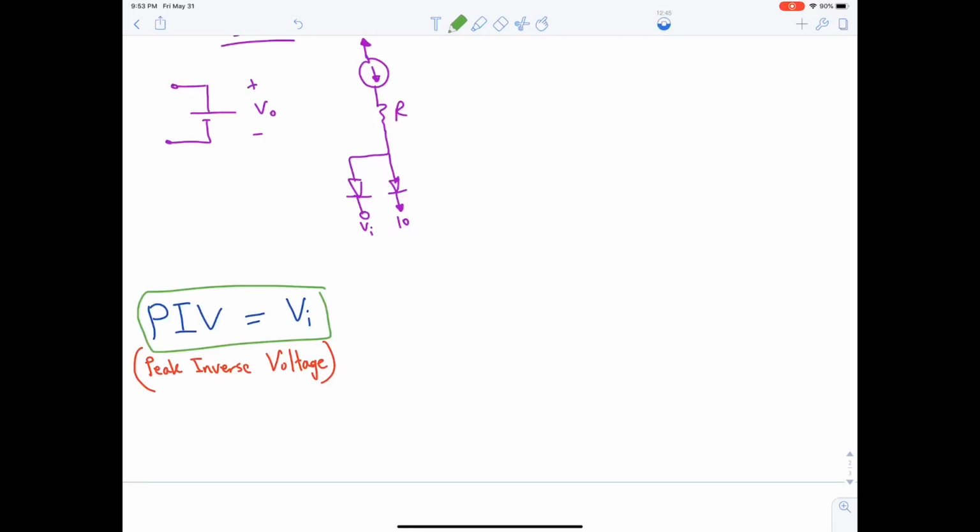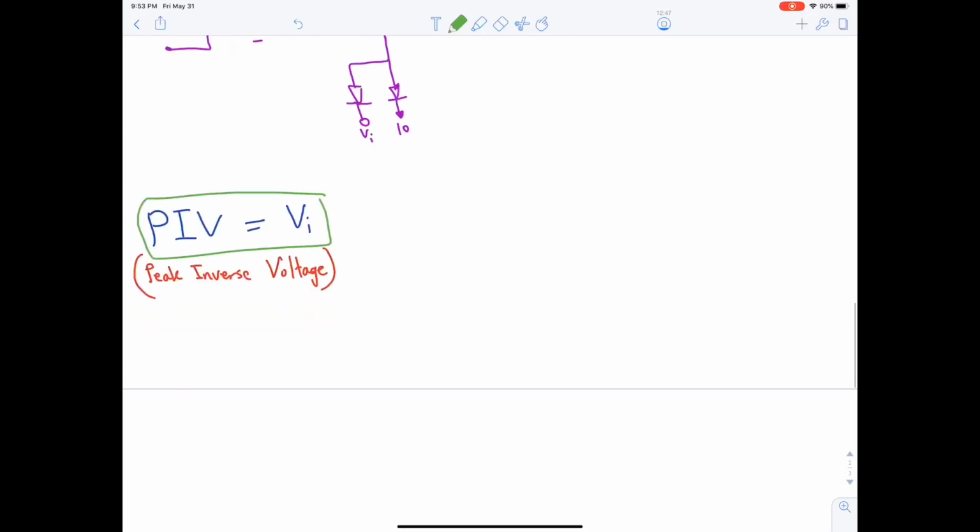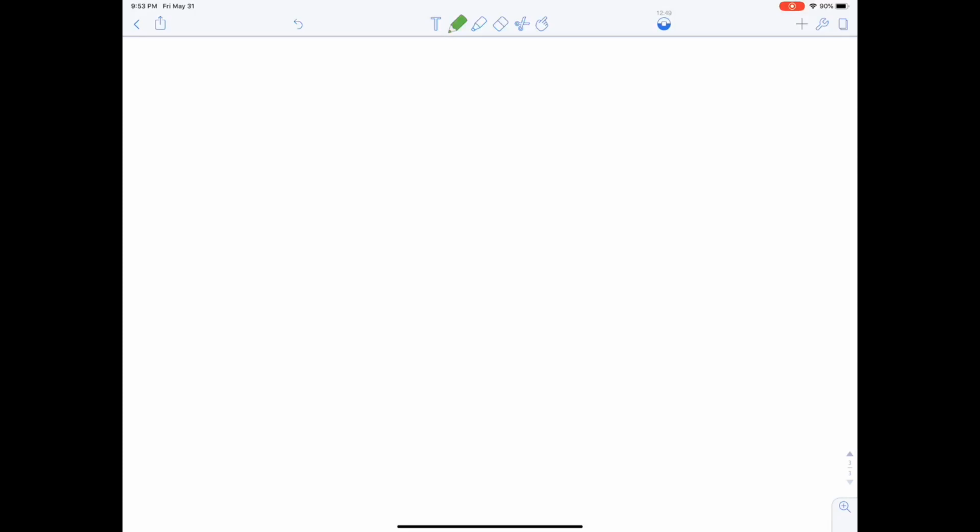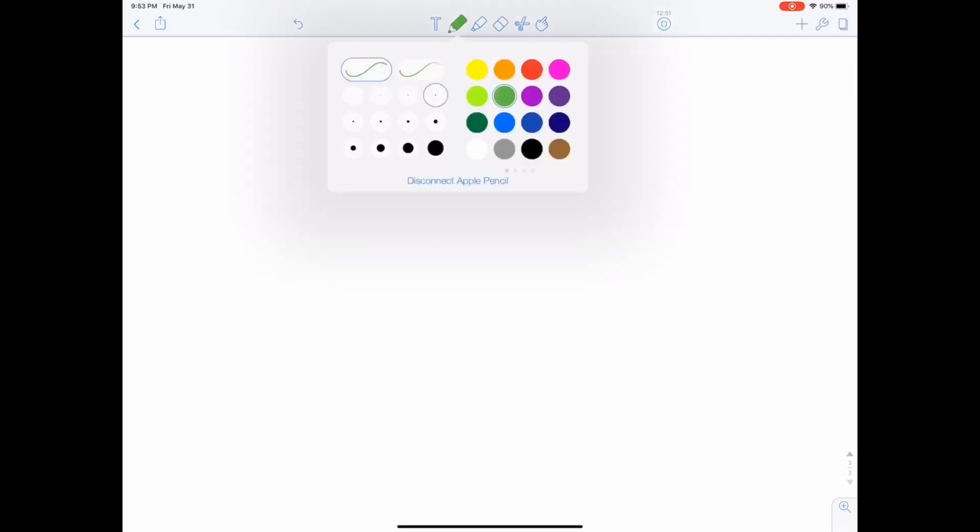Moving on to the second type of rectifier, which is the full wave rectifier. It looks like this.